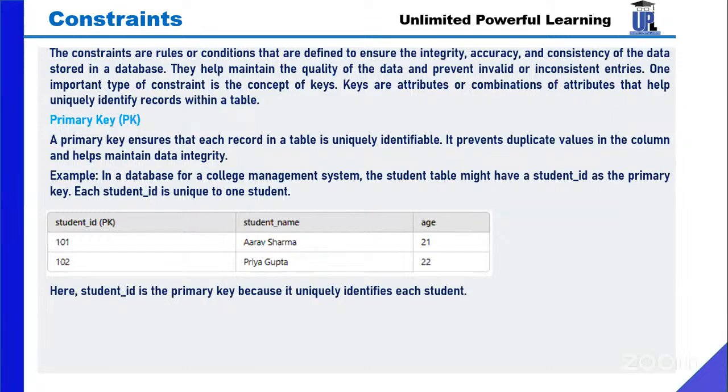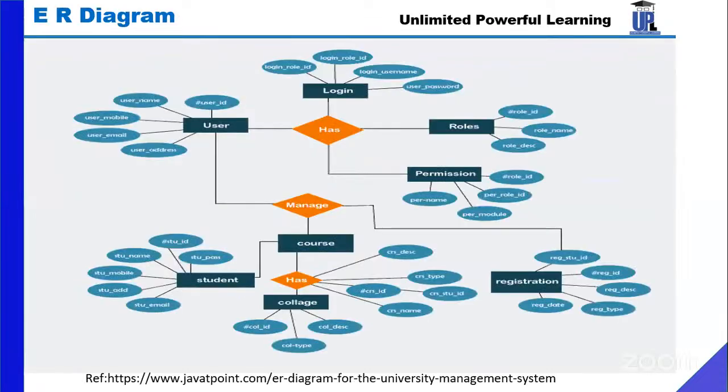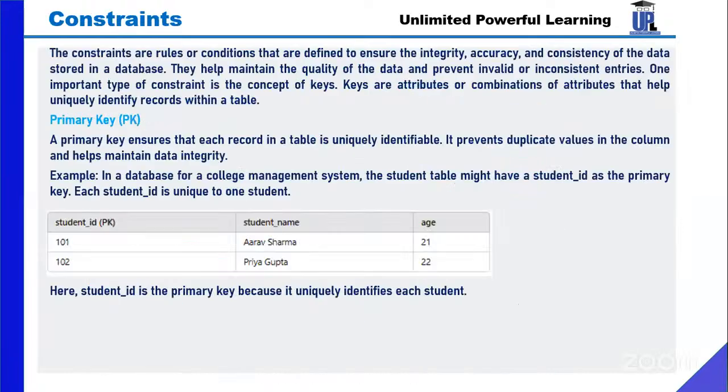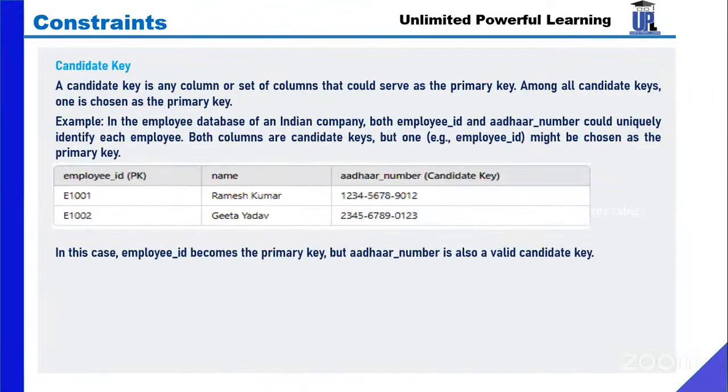That means we have understood that when you are designing the database, we have a primary key, which is unique and not null. For foreign key, it is the primary key of another table referred to in the current table. The unique key is nothing but unique, like email ID. And after that, we discussed the candidate key.